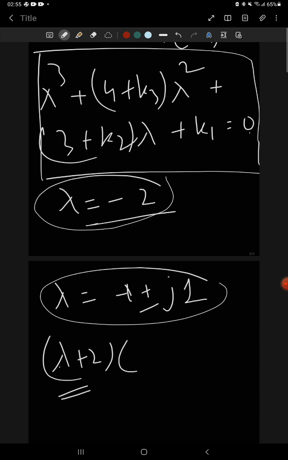Lambda plus 2 multiplied by, okay, now what will be this? See, my sum of roots is going to be minus 2, and my product of roots is going to be minus 1 square minus j1 square, right? Yeah, so minus 1 square minus j1 square, so that will be 0.